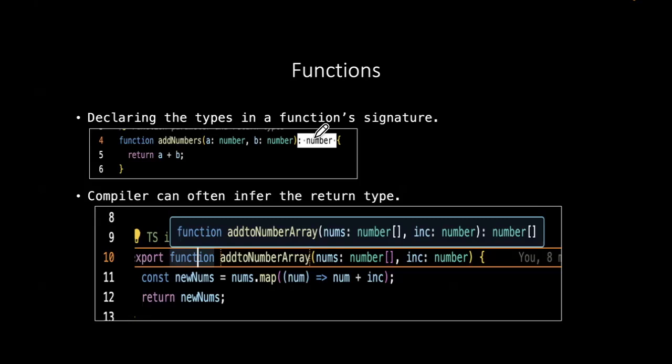Really, all the compiler does is look at the return statements in your code to work out what type the return value is. So quite often you can leave this bit out, but again, use Command K, Command I to make sure that it's inferring the right thing. So from a syntax point of view, that's how we do it, and the compiler can often infer it.